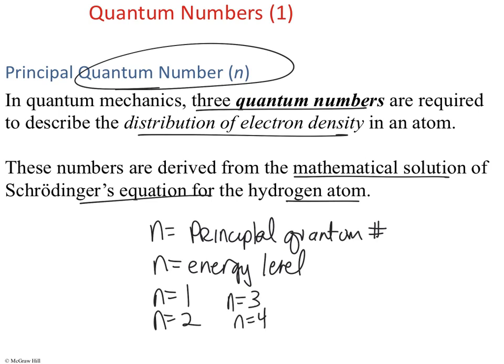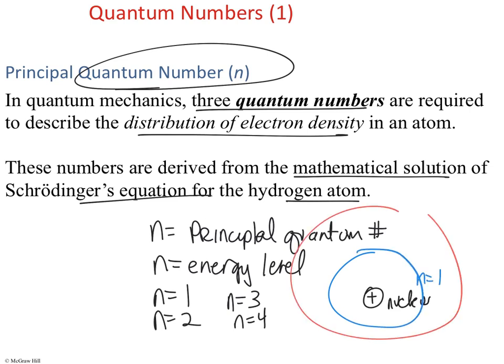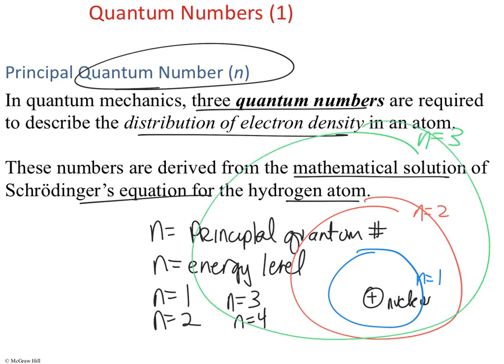If you're looking at a hydrogen atom, you have the proton in the nucleus, and then n equals 1 would be here, n equals 2 would be here, n equals 3 would be here. These energy levels are the levels outside of the nucleus. And the first electron, because you only have one electron in hydrogen, right? Hydrogen 1 has one proton, it has one electron. In the ground state, it's going to be found in energy level 1.